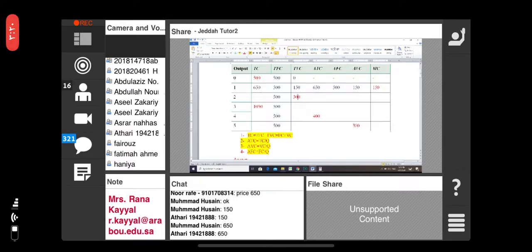Second row, when output equals 1, I have variable cost equal 300 and fixed cost 500. What can I find? I can calculate what? Total cost, which is 800. Okay, then this is direct.